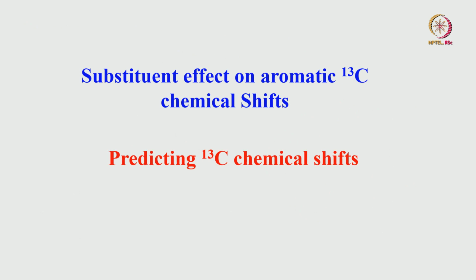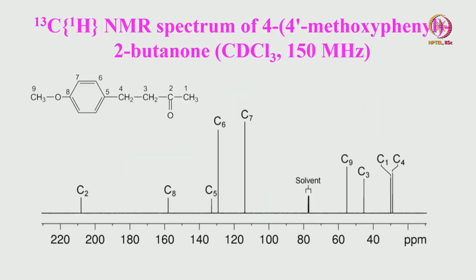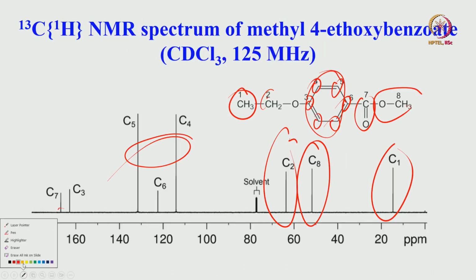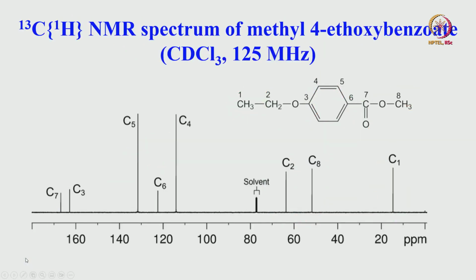But then here I made some rough estimate of these chemical shifts. What is the guarantee that what I have done is correct? My analysis is correct. How do we know my assignment is correct? Especially when you have phenyl groups. These are all okay. CH3, OCH3 we will generally not get confused. Whereas in the aromatic region, which is C4, which is C5, I do not know.